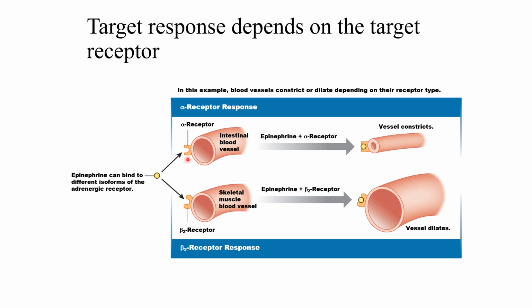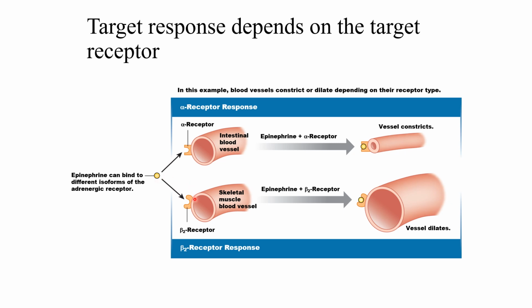Now, alpha receptors, you can find them on the surface of the blood vessels within your intestines. So when epinephrine binds to an alpha receptor, what happens is that it's going to constrict those vessels. Beta 2 receptors are usually found on the surface of the blood vessels found in your skeletal muscles.